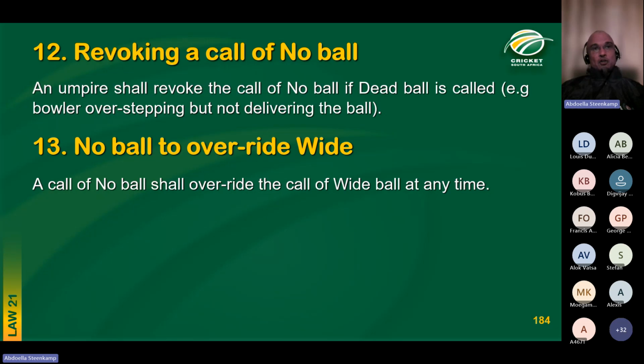We know in many playing conditions across the world that it will be called a wide, and according to the laws it's a no ball, but in many playing conditions we call it a wide. So now you'll have a no ball and a wide of the same delivery. The law tells us that no ball overrides the wide. So you'll ignore the wide call, and you will then signal no ball to the scorers.